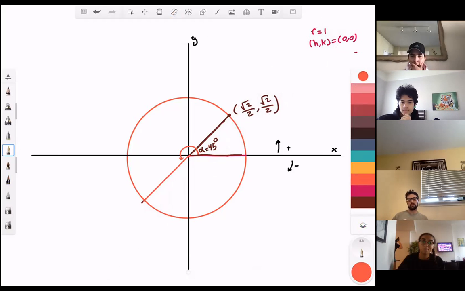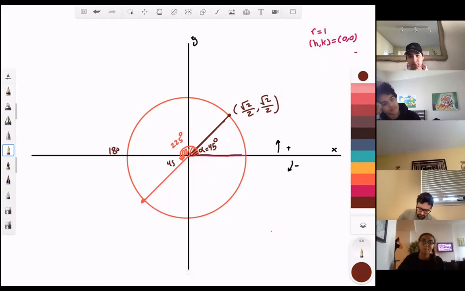I tell you, this is 180 plus 45, 225. This is 225 degrees, from here to there. This much was 180 plus 45 degrees.